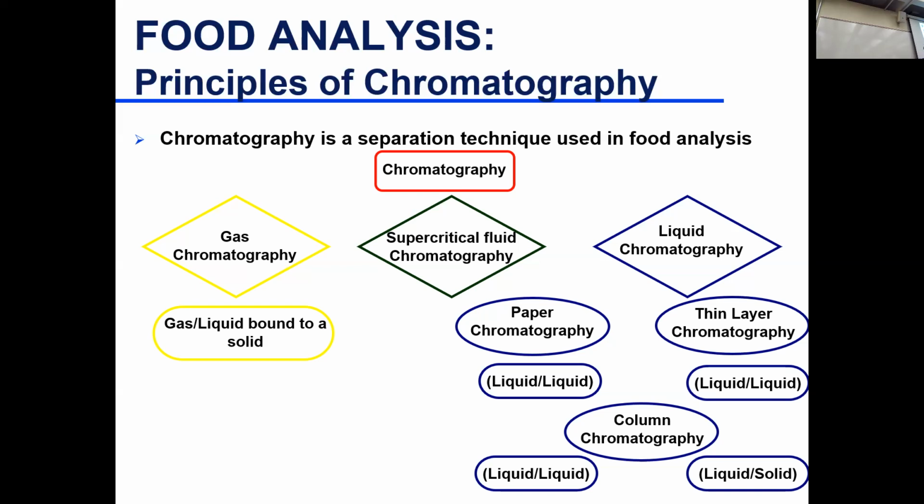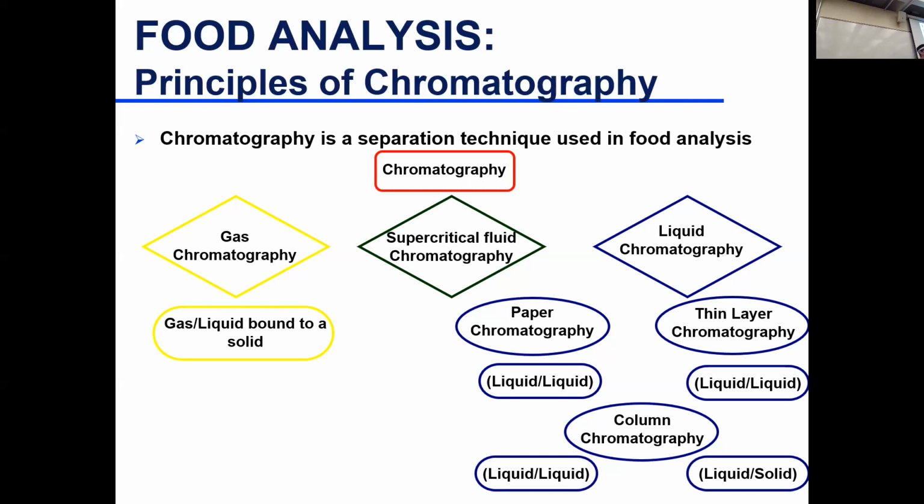The second one here is your stationary phase. So in liquid chromatography, stationary phase can be liquid, it can be solid. In gas chromatography, it is often a solid with a bound liquid on it. So that's why it was called gas liquid chromatography.